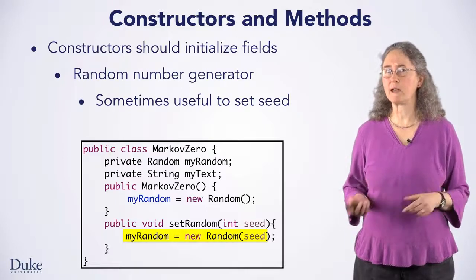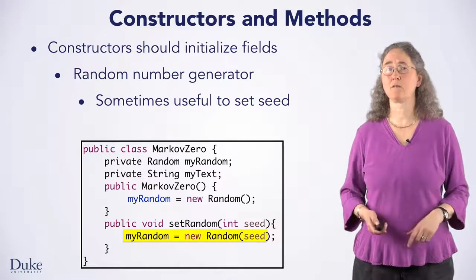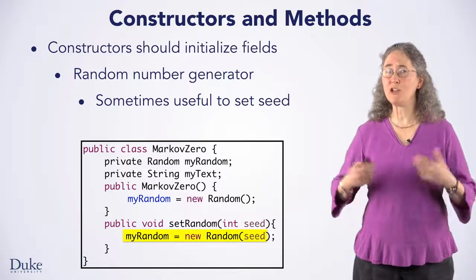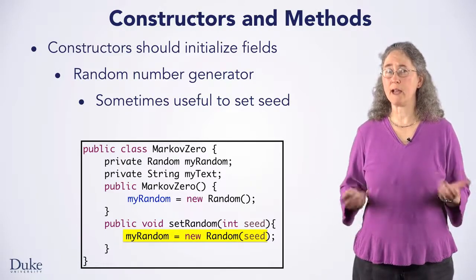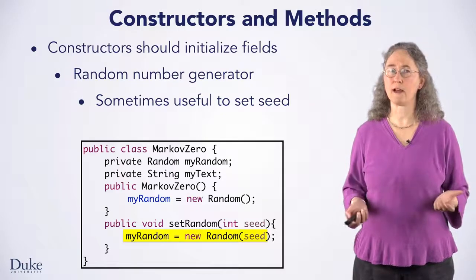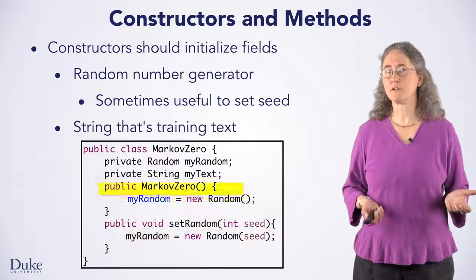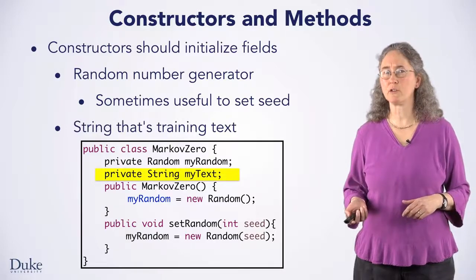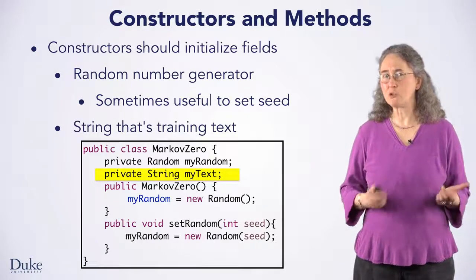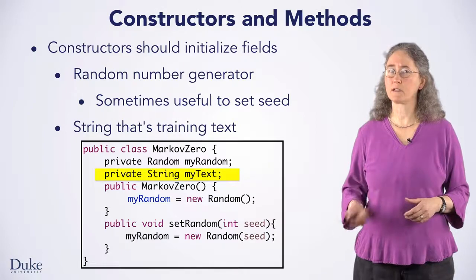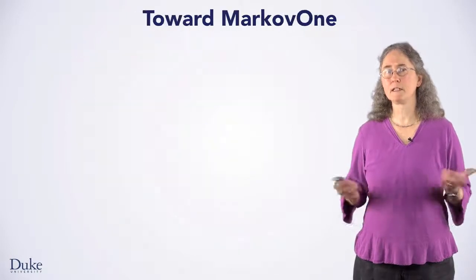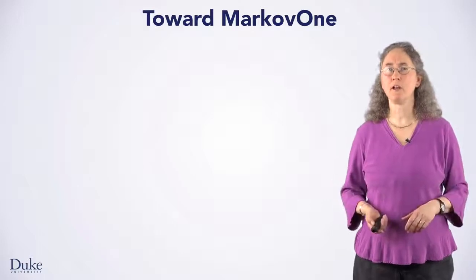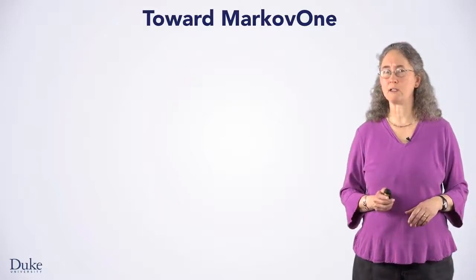We can do that by setting what's called the seed of the random number generator, which we do here in creating a new random object. This may help as you debug the Markov classes. There's also an instance field myText that's not initialized in the constructor, but is by the setTrainingText method we discussed earlier.